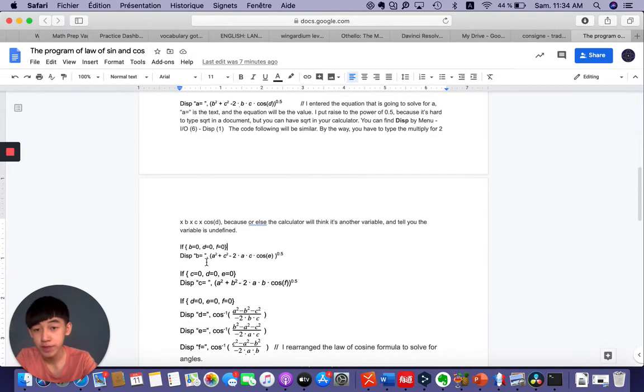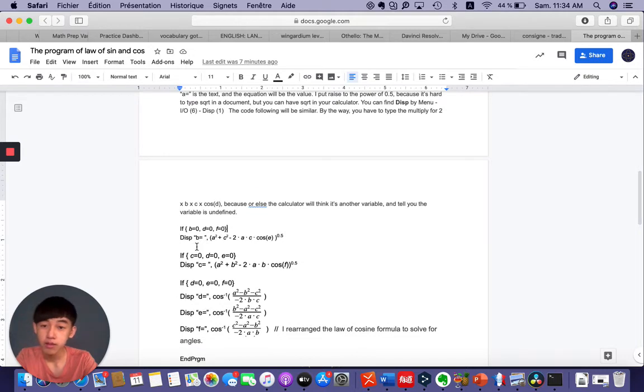So for B is the law of cosine formula for B, and here is also the formula. As you may notice, I put the B equal in the text box, as it will indicate the B equal.